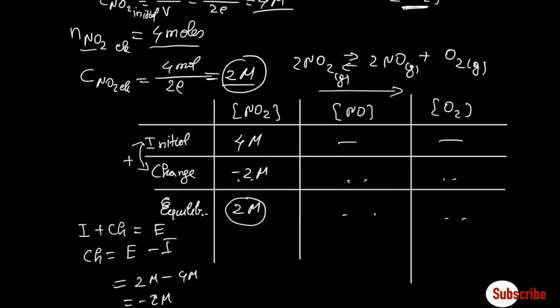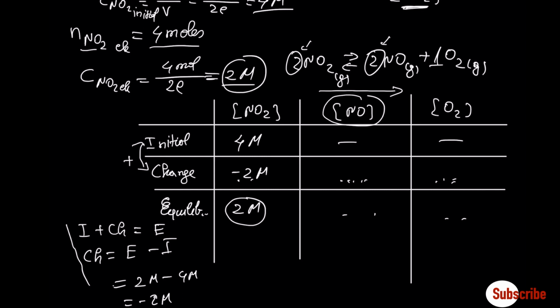Now, in order to find the other changes, you have to look at the balanced chemical equation. At the first one you have a 2 coefficient, the other one for the nitrogen oxide is 2 and for oxygen is 1. So the change for nitrogen dioxide, we found it from these formulas here. Now in order to find the change for the nitrogen oxide, we have to look at these coefficients here.